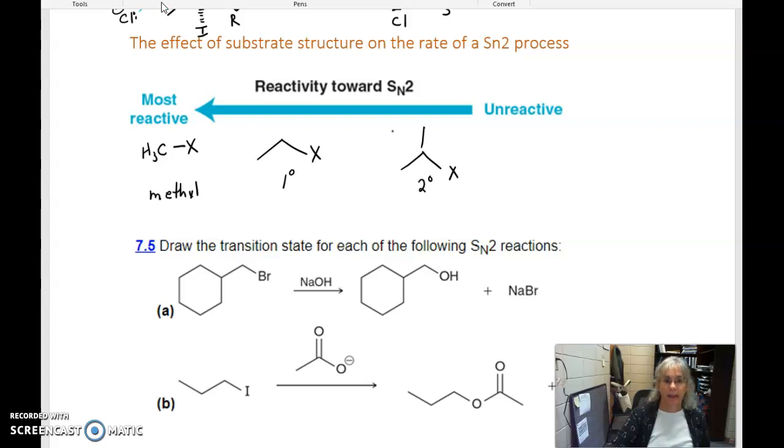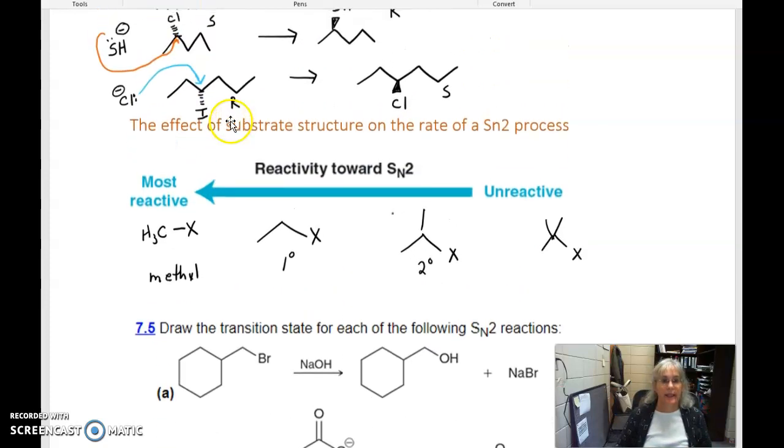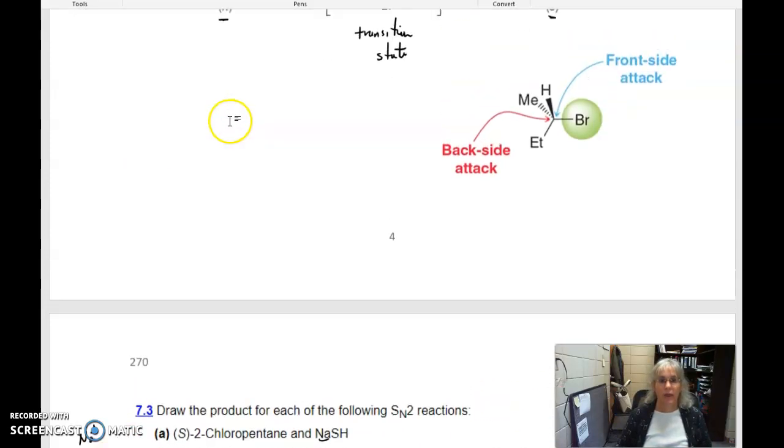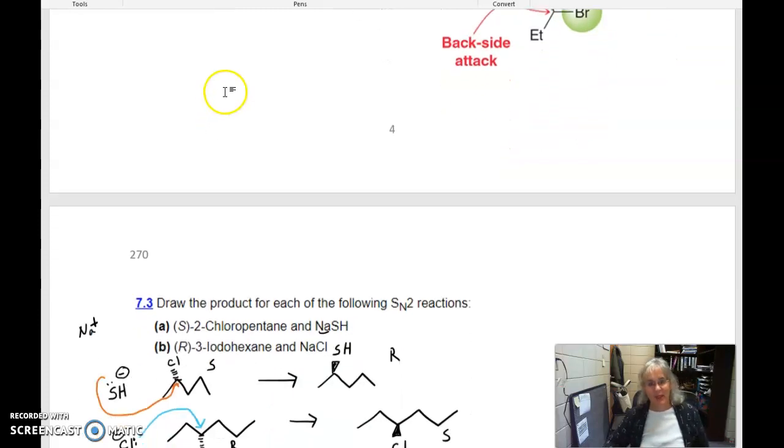And we find that tertiaries are basically unreactive. Tertiaries do not react. And the reason for this is we can see up here with this diagram, if these groups here are large and bulky, they obscure the site. And so the nucleophile can't get in there.